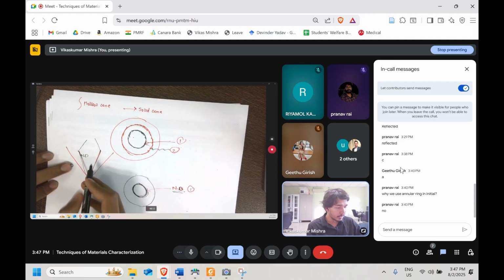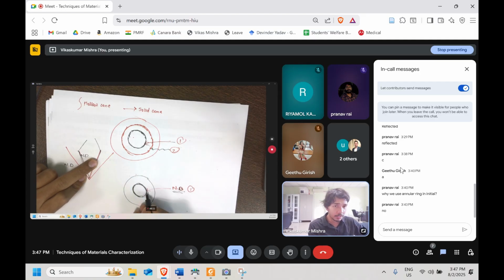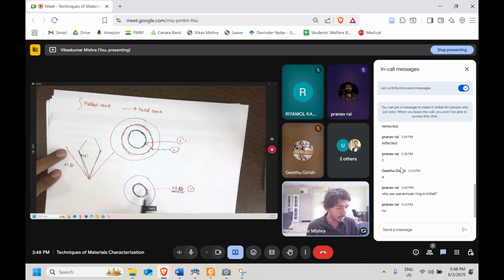So for the first case, this ring can be used to pass through it. It is letting only the non-diffracted beam to pass. So will this ring also let the second one pass, or will their optic be different? What do you think? Will the optics be different, or will it be the same? Can it pass through this?